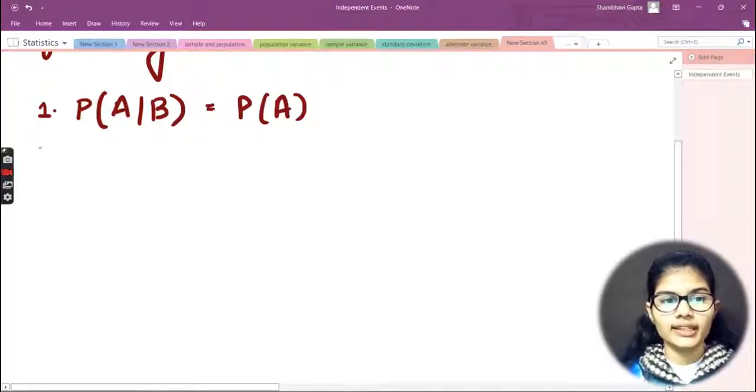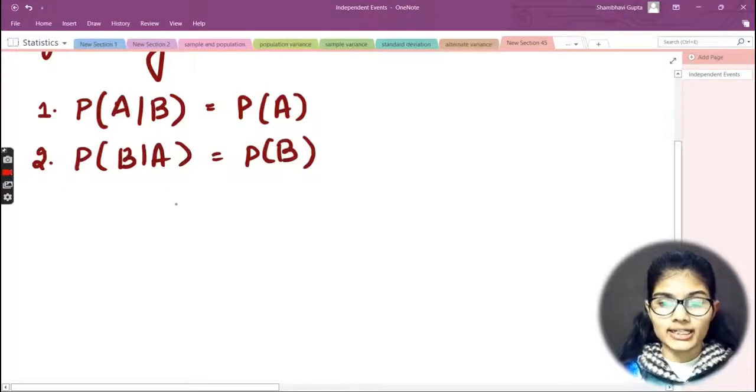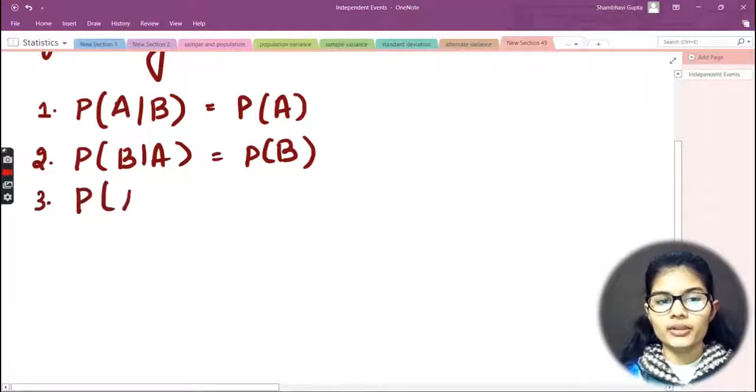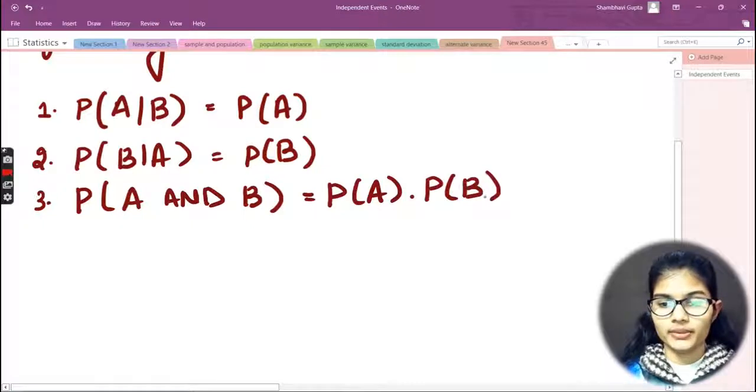Next, my second condition is that the probability of B given A is equal to the probability of B. Any of the ones you could choose, whichever is satisfied. Now my third condition is that the probability of A and B is equal to the probability of A times the probability of B.